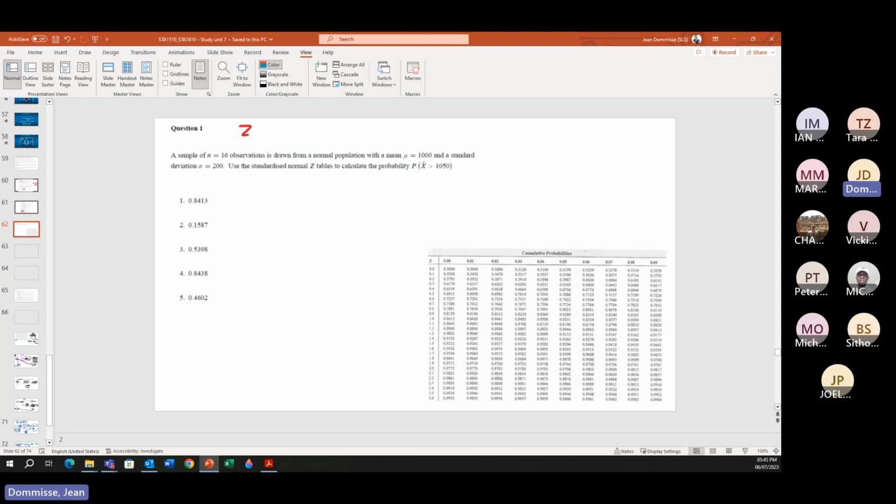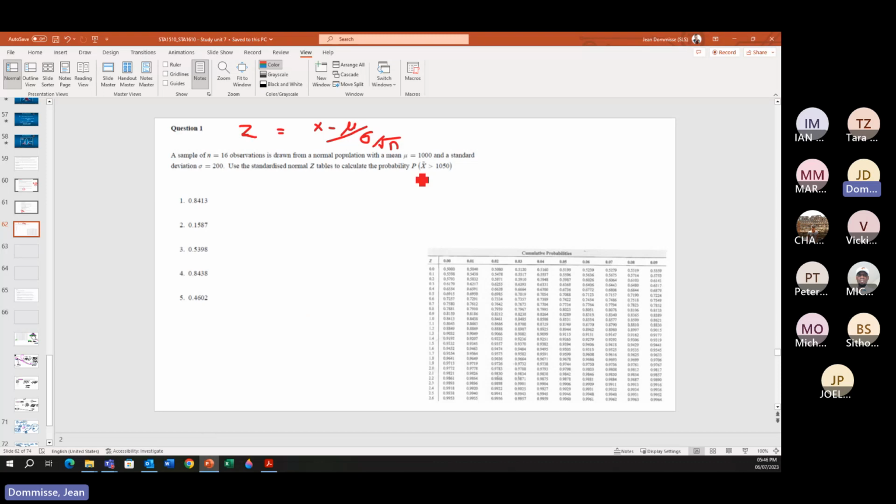The chances that in study unit 7 they actually just give you the z number is very slim. So with that in mind, the formula is, as always, x minus the mean, divided by the standard deviation divided by the square root of n. Okay, so let's see what they tell us.